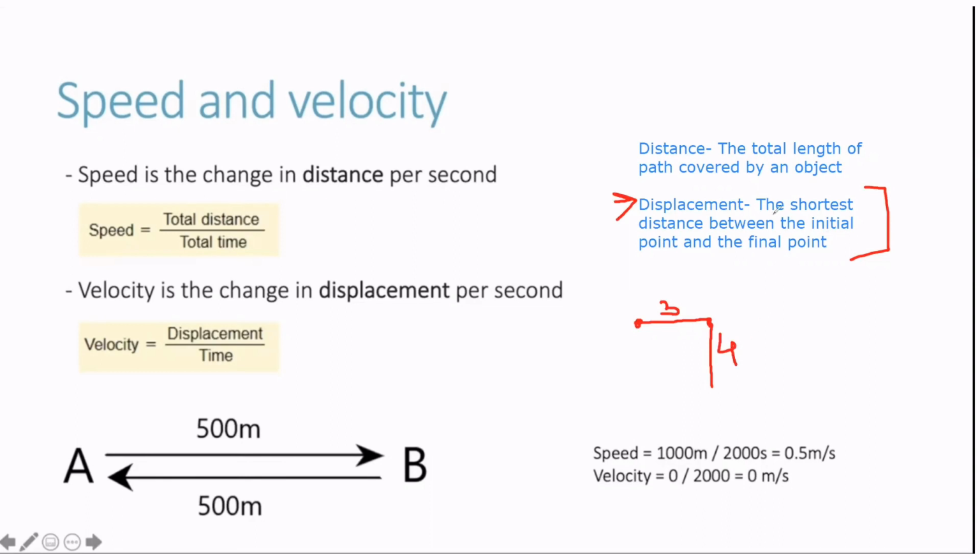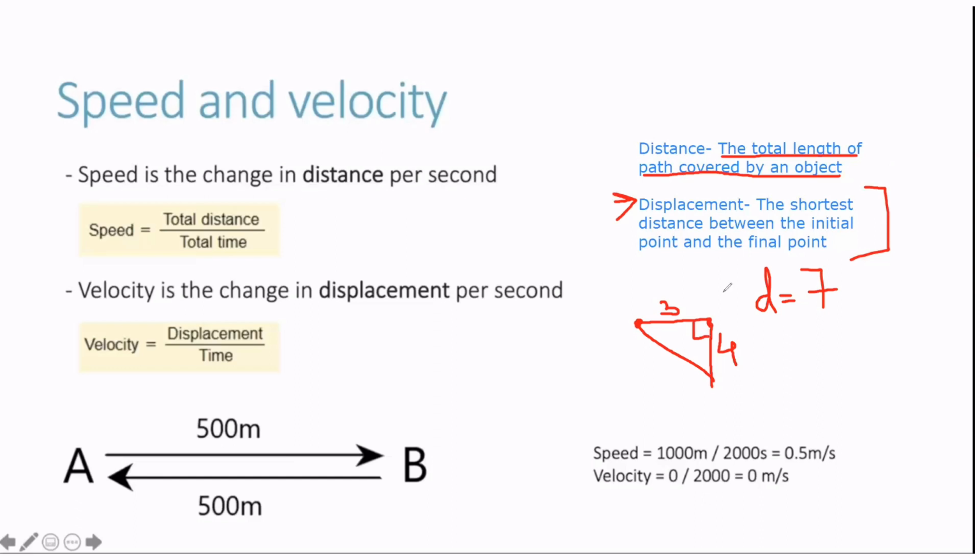So the distance, which is the total length of the path covered by the object, is going to be 3 plus 4, that is, distance is equal to 7. But now displacement would be different, as displacement is the shortest distance between the initial and the final point. So we'll connect these 2 points, and here we can see that this is a right angle triangle.